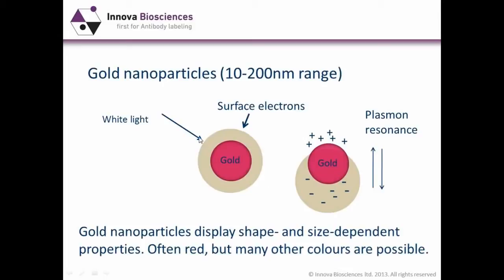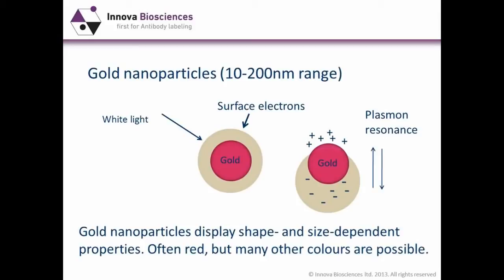When the light hits the electron cloud, the cloud begins to oscillate, so there's some polarization. As the negative charge dips down, there's a positive charge on the metal core. This acts as a restoring force, so the electrons bounce back. So you get this resonance situation, which is called plasmon resonance.